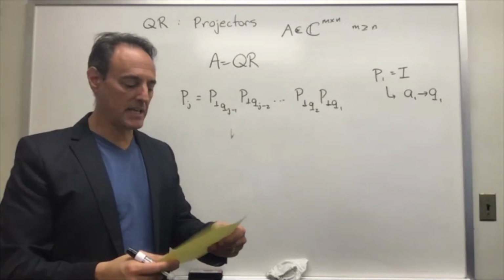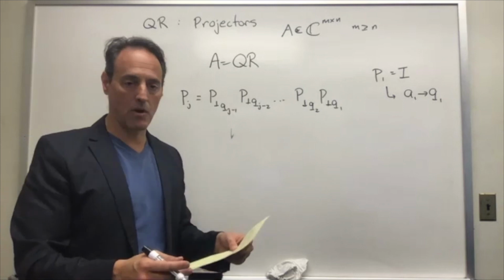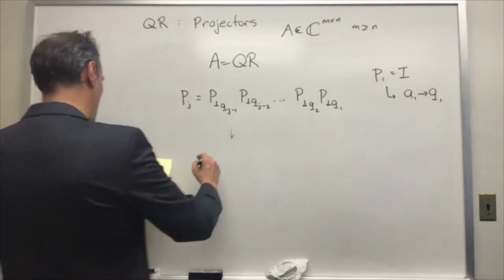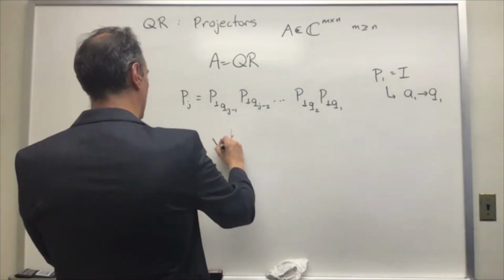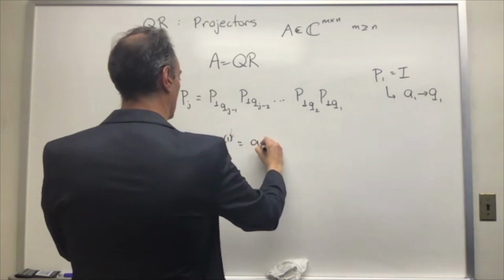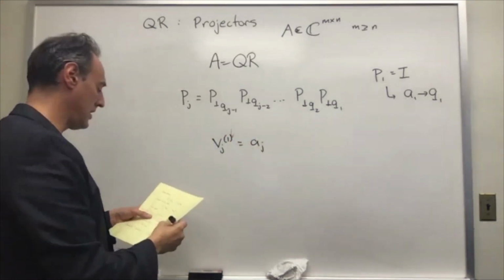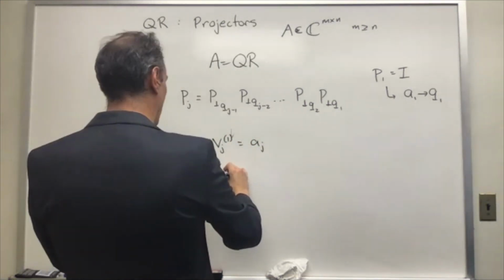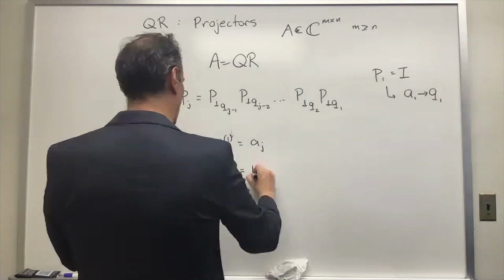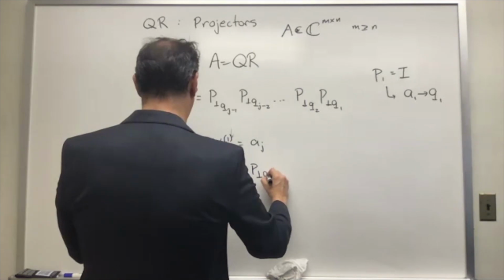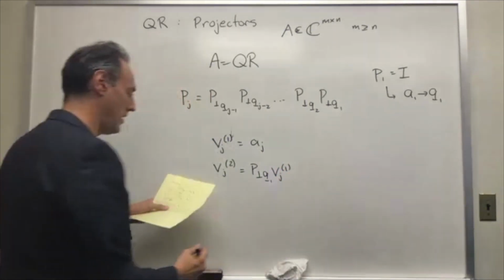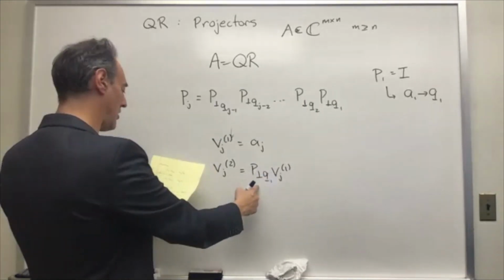So I'm going to show you how this algorithm works in practice. It's an iterative scheme. You start off with a given A of J. First step, V1 is this. Now you're going to build this thing out all the way up to here. So P orthogonal to Q of 1 applied to V of j1, okay? And how do you compute what's orthogonal to this?